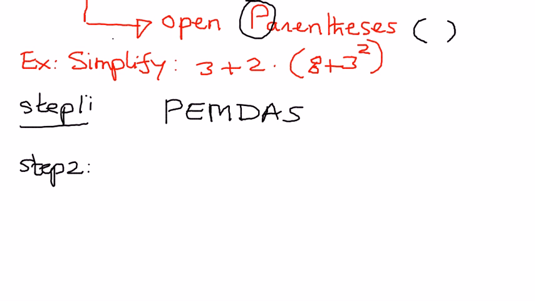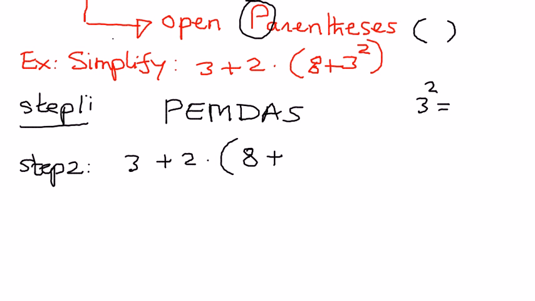In here we have open close parentheses, and we have an exponent to simplify. So we're going to simplify inside the parentheses first. So the first step would be 3 plus 2 times open parentheses 8 plus, now we want to simplify this exponent 3 to the power of 2.